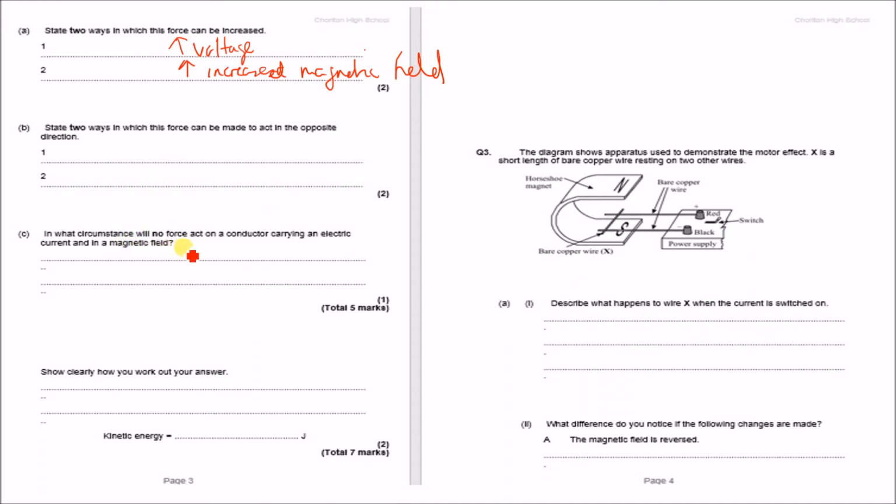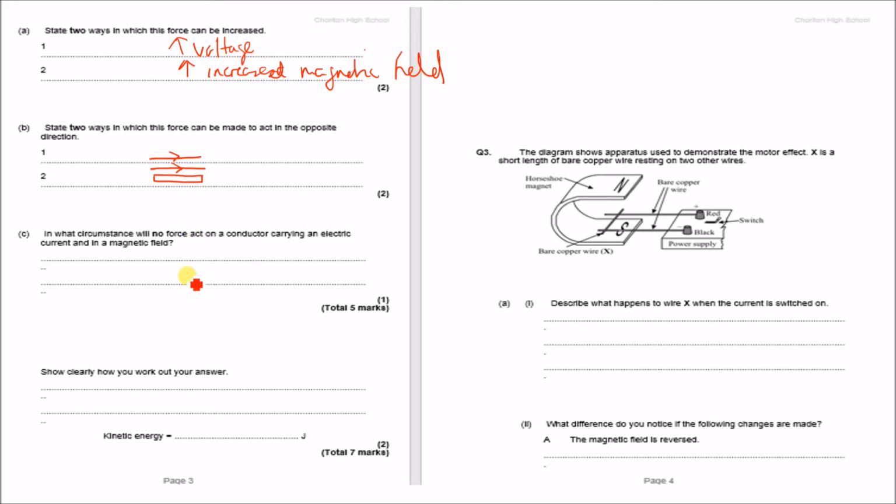In what circumstance will no force act on a conductor carrying electric current in a magnetic field? So if we have a conductor, if the magnetic field is going from north to south and the conductor lays parallel to the field and the current goes in the direction of this, then you will have no effect.